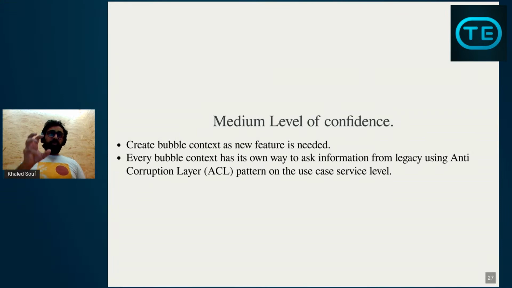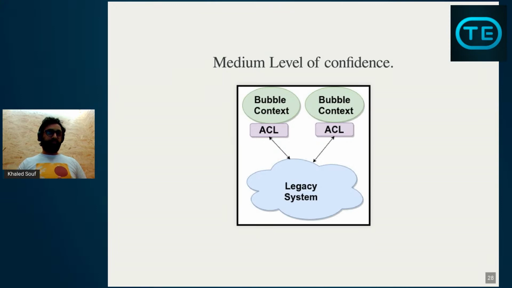So the bubble context themselves are going to create what we call an anti-corruption layer that calls the legacy system, specifically the use case service layer. I know how to call certain use cases of the legacy system, so I'm going to call them directly, and then do that mapping inside my bubble context to protect it from the structure of the legacy system. And this is how it looks.